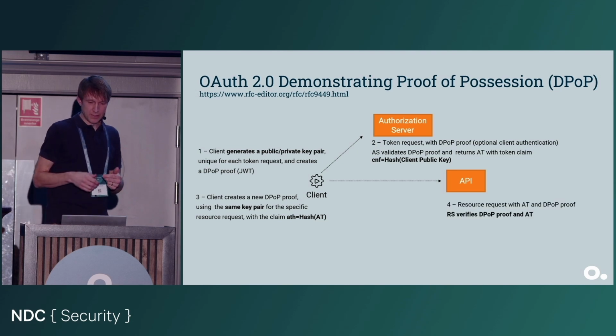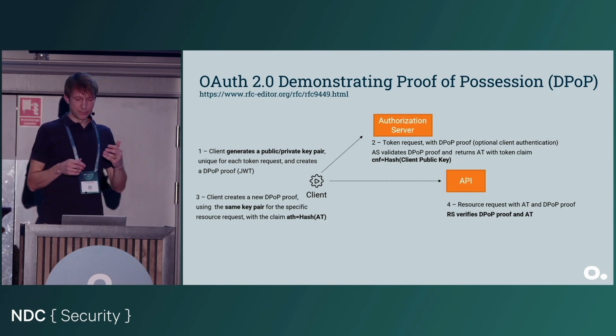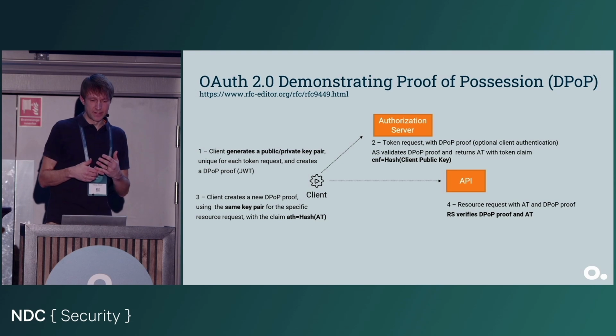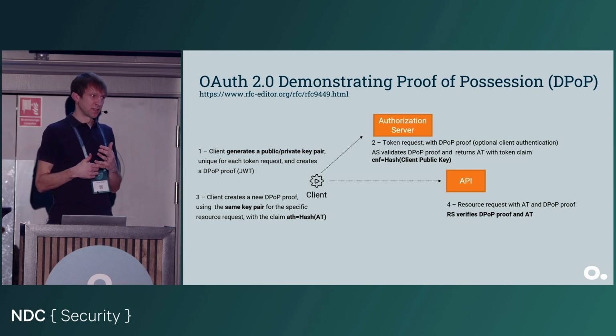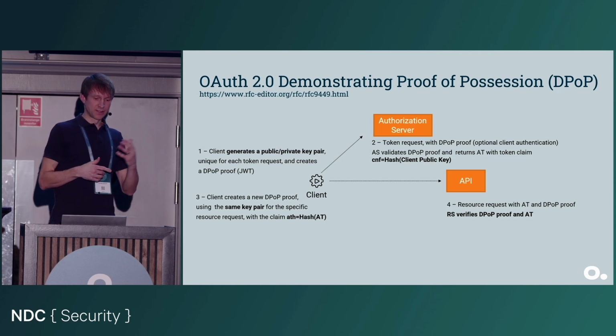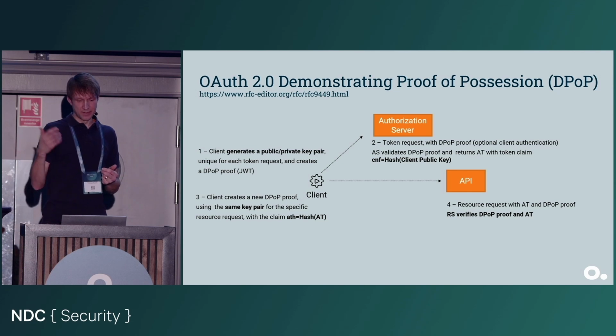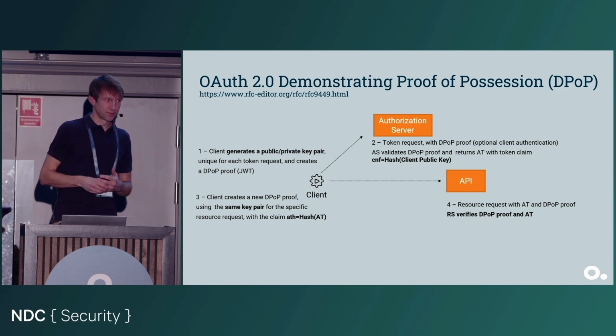And then the resource server needs to validate both. So it validates the DPoP proof and the access token, and now it's tied to that particular DPoP proof. So nobody, without having access to the private key, can use that token from someone else.